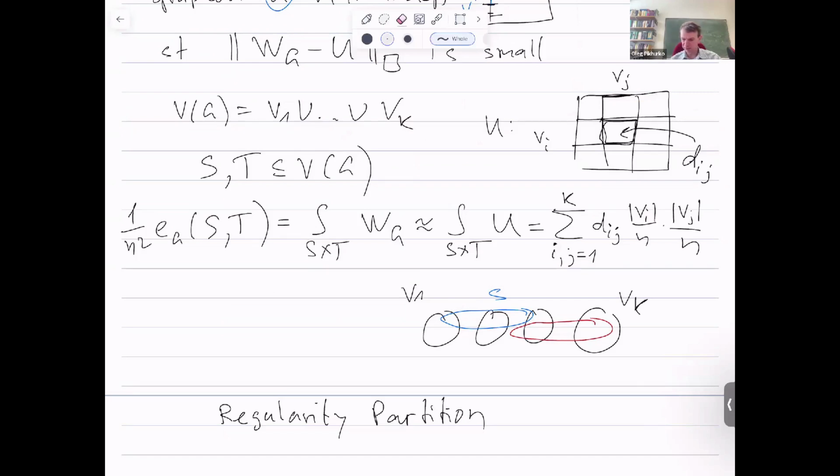So here I identify, it's a bit of abuse of notation. Maybe I should have called these parts inside the unit interval vi prime or whatever. Then here I would have just the product of their measures. But if I go back to the original sets, which are subsets of 1 to n, then I just have to scale them by 1 over n.